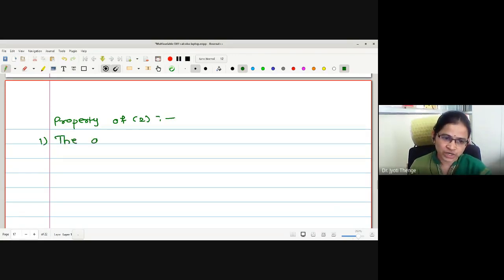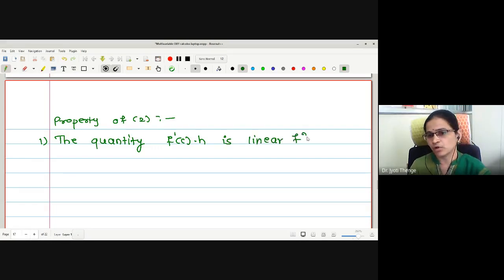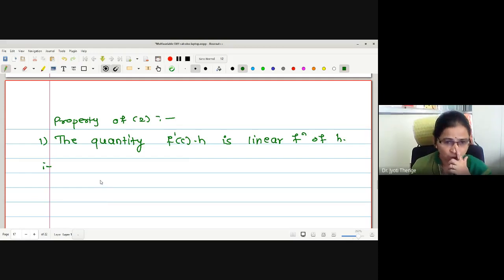What is the first property? Whatever is this quantity, we were writing h f'(c), the quantity f'(c)·h is a linear function of h. Let us check how it is a linear function. For the time being, we are saying this is a function of h, so let me write it in a standard form.